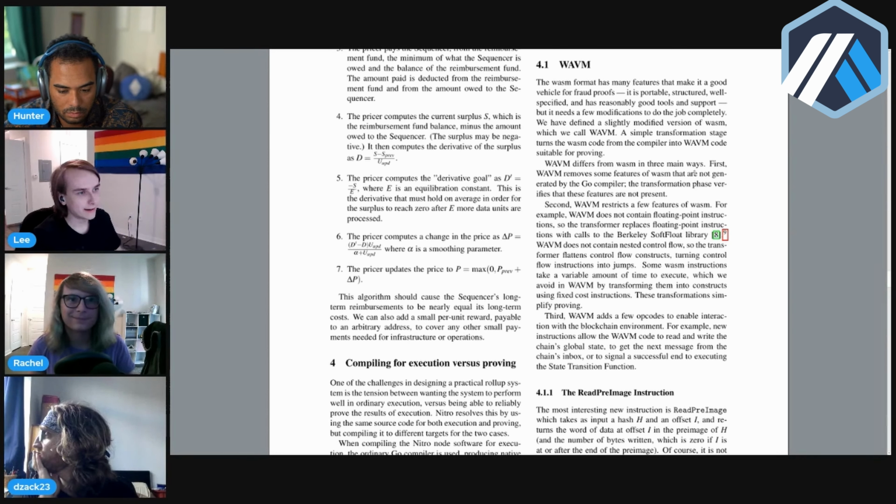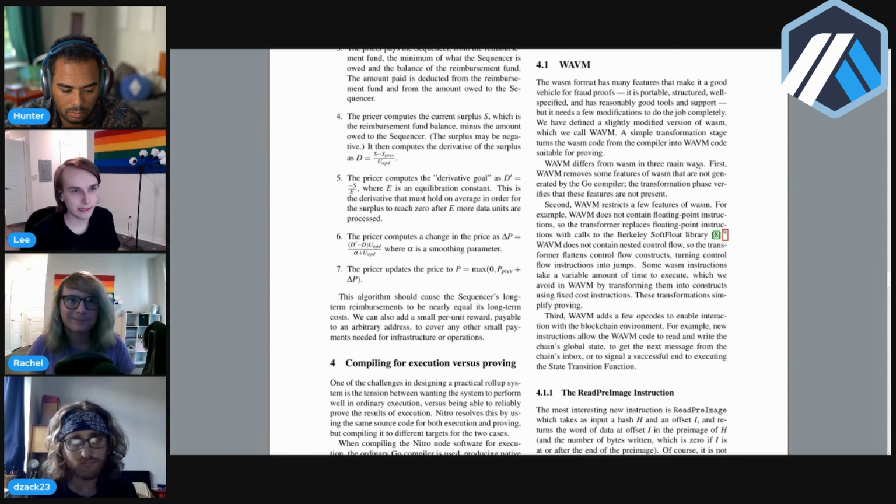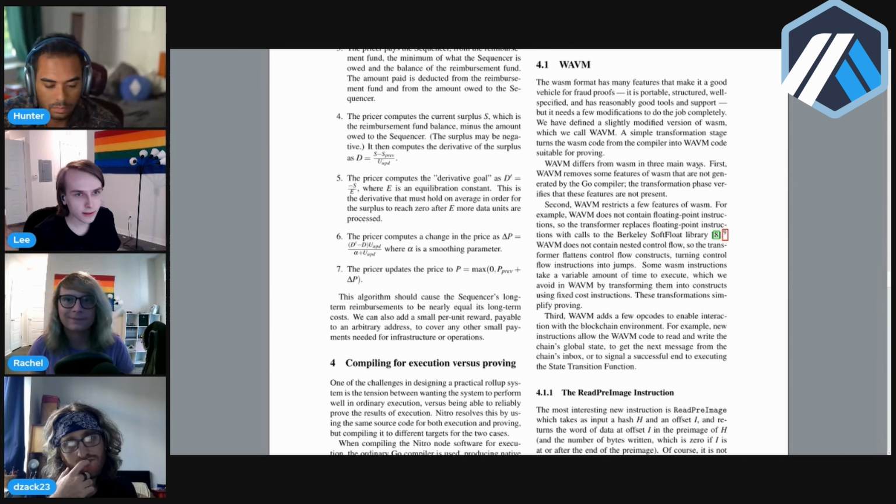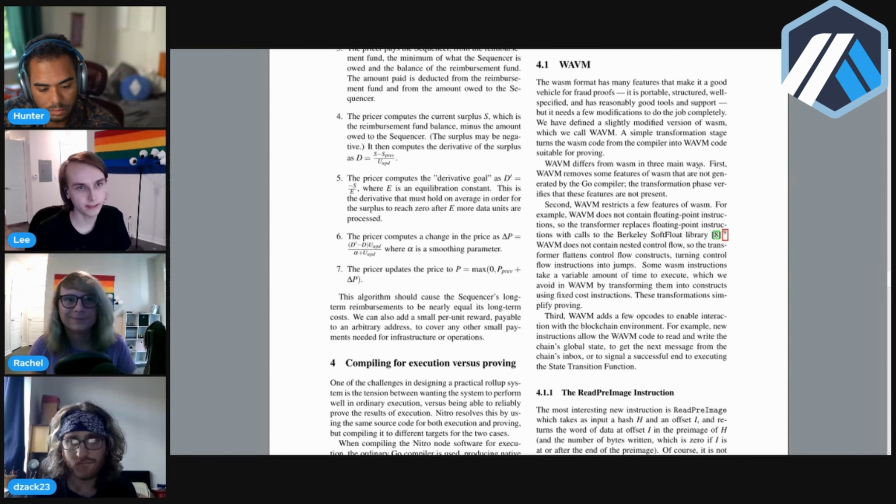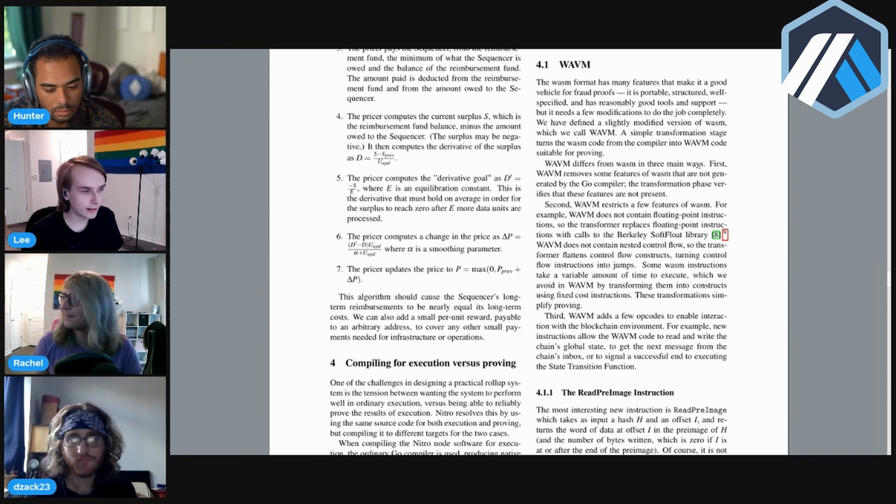This does a number of things to simplify the WebAssembly format. For instance, it gets rid of the concept of blocks, which were a WebAssembly notation for where jumps went, and it replaces them with direct jumps. And it also gets rid of floating points, because floating points are somewhat non-deterministic in WebAssembly.